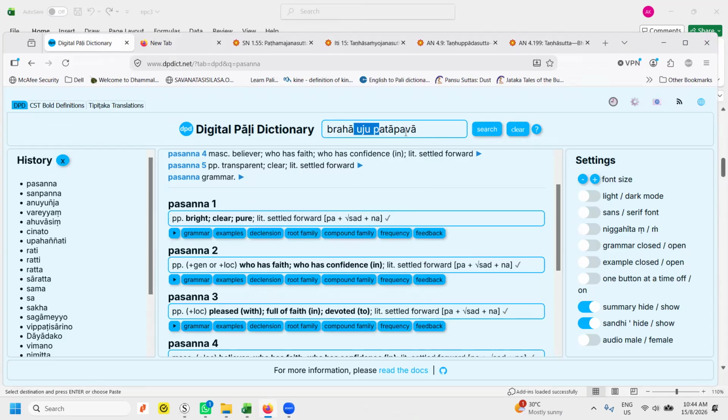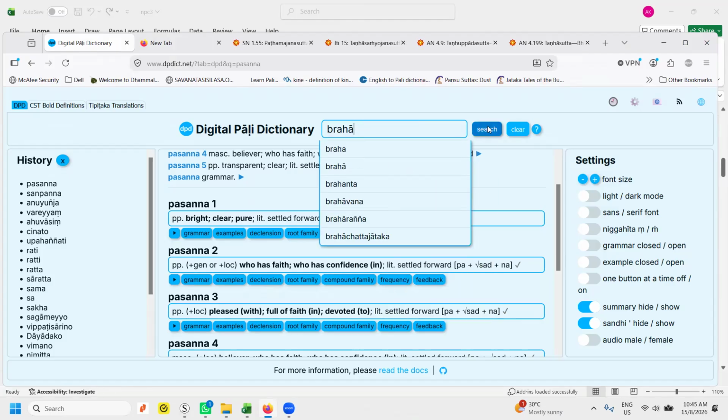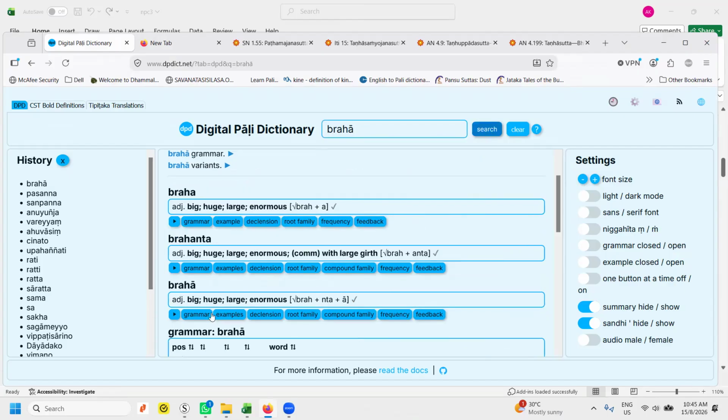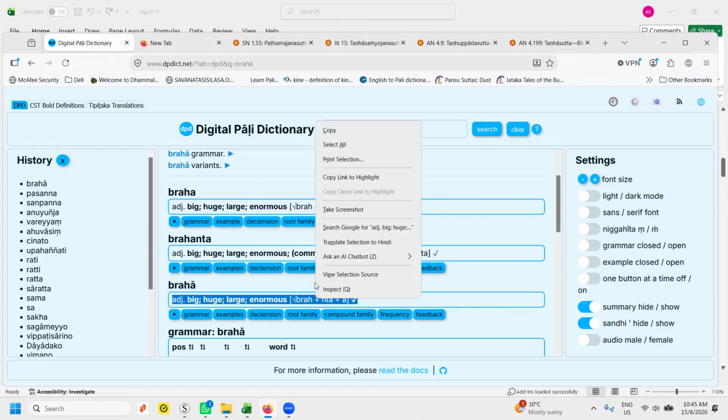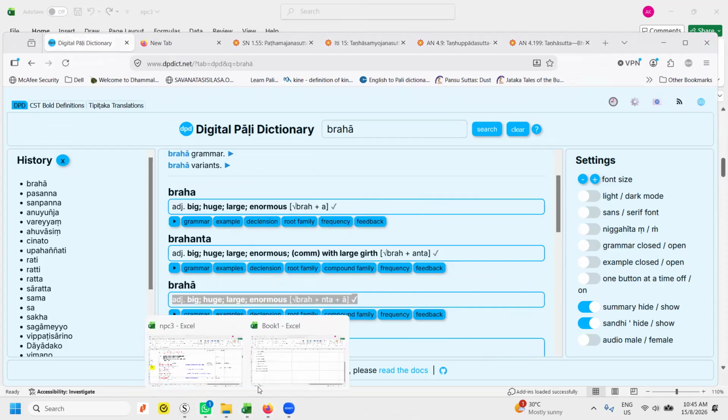So when you see a word braha, you saw this. When you check your dictionary, you are still not sure which is the best word to put in.